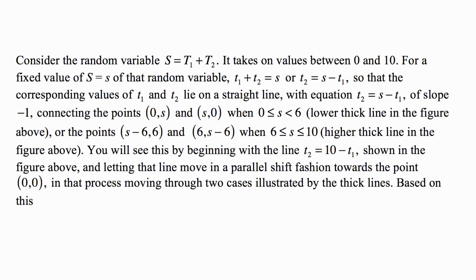For a fixed value of s equal to some specific little s, T1 plus T2 is s, so that T2 is equal to s minus T1, so that the corresponding values of T1 and T2 lie on a straight line with equation T2 equals s minus T1 of slope -1 connecting the points 0, s and s, 0 when s is between 0 and 6, or the points s minus 6, 6 and 6, s minus 6 when s is between 6 and 10.